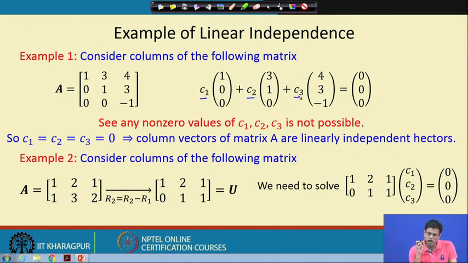Now, if you investigate carefully by looking at these equations, you see that non-zero values of C1, C2, C3 are not possible. Suppose C2 is non-zero and C3 is non-zero.